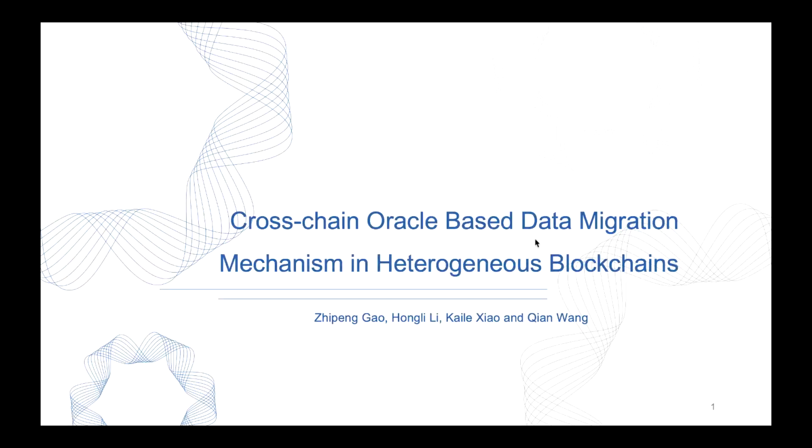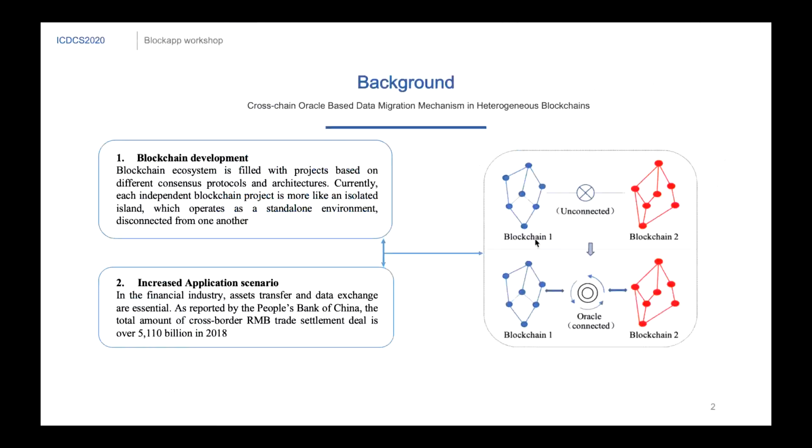My paper's title is Cross-Chain Oracle-based data migration mechanism in heterogeneous blockchain. The background can be divided into two main parts. The first one is the blockchain development. As we know, the blockchain ecosystem is filled with projects based on different consensus protocols and architectures.